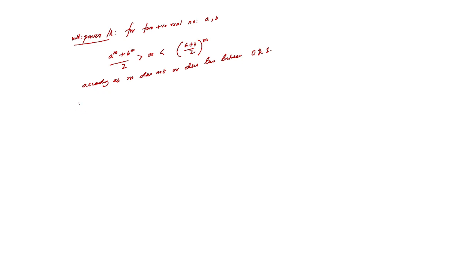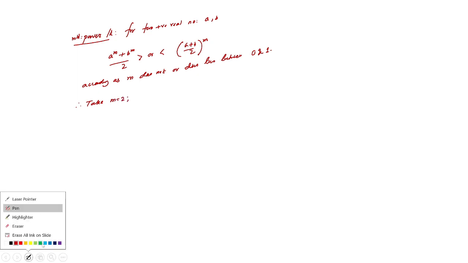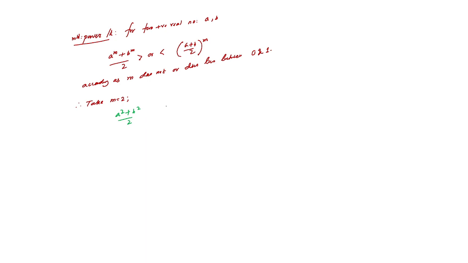So first you take m equals 2, and you take two positive real numbers a and b. In that case, (a square plus b square) by 2.